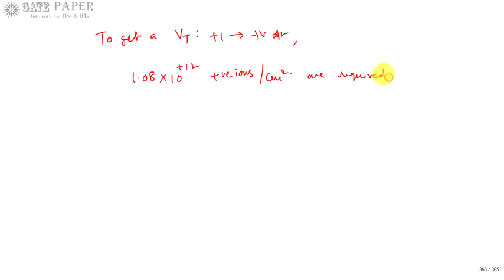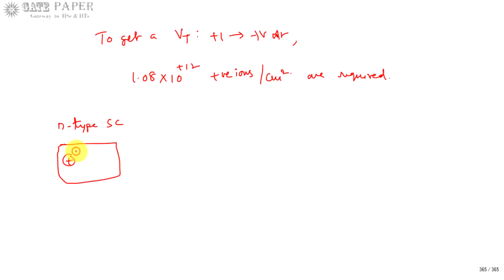But it has not been given in the question whether it is positive ions or negative ions. What is given is N type or P type. So how can we say it is positive ions? Every semiconductor is neutral.